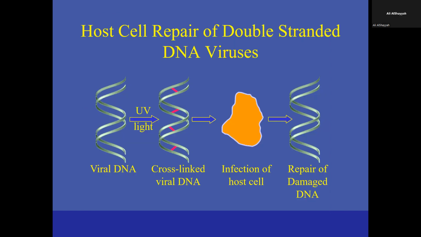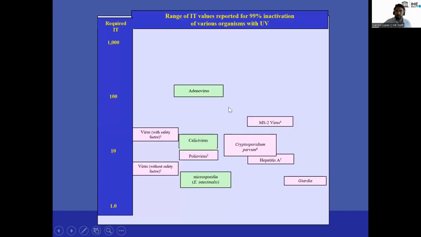Well, it's all okay. So these are the levels. When we are applying, for example, the UV light to achieve 99% inactivation, this is just a summary of the intensity that we require. The simplest ones are, for example, the microsporidia or some small viruses, giardia.